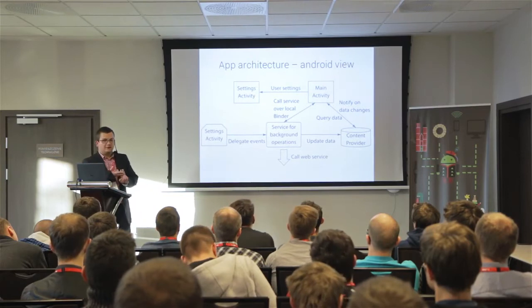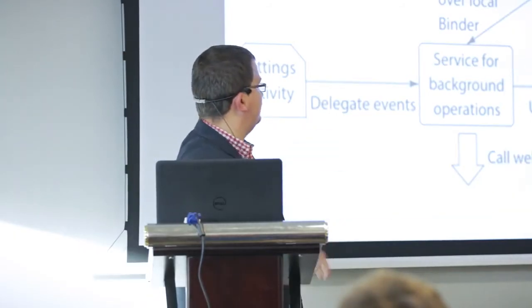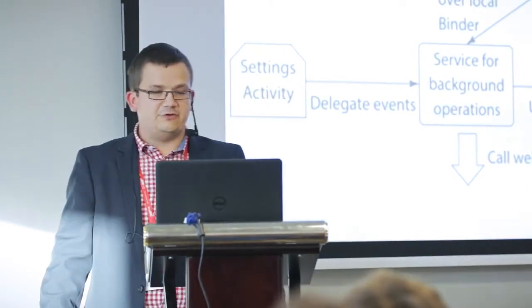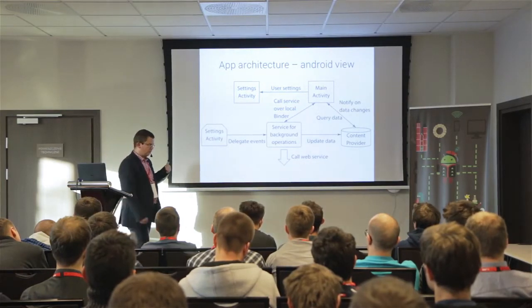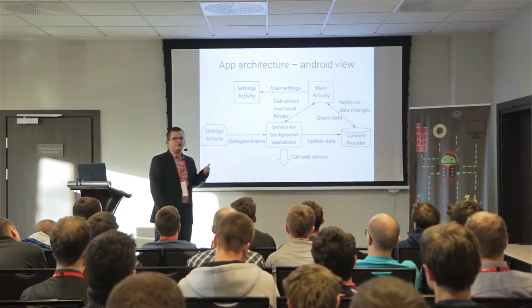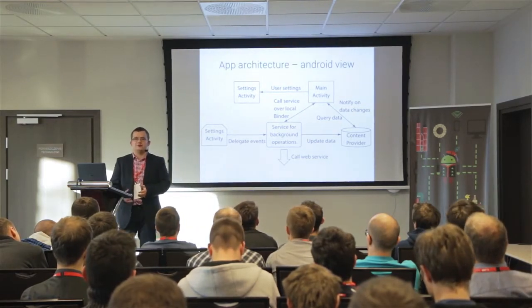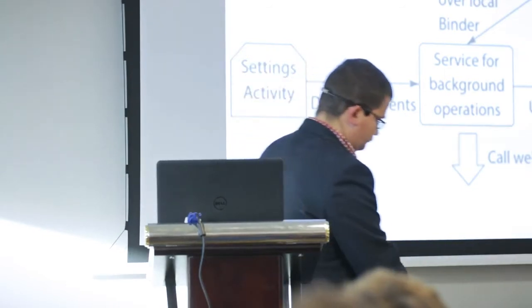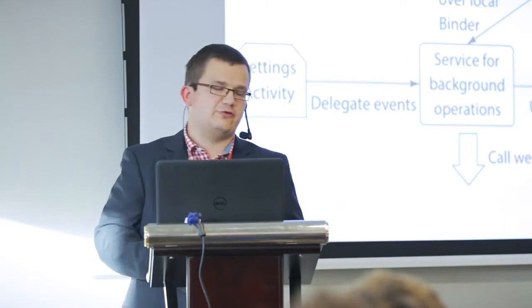We have some settings, content providers, databases, services for background operations. But how important is it from the business logic of our application? Of course, if our application is really connected with Android, because this is some util application for Android users, this will be hard connected with Android.